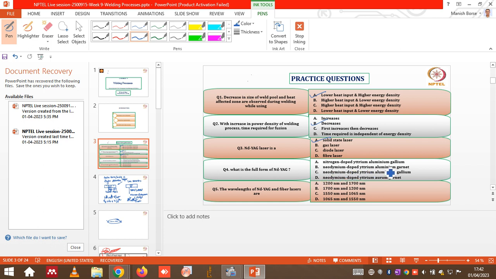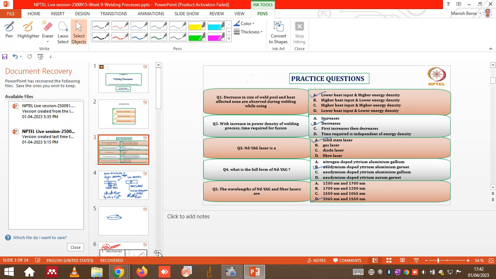Neodymium is doped in it to increase the life of the laser source. We have also seen that the wavelength of this Nd:YAG laser is in the range of 1065 nanometer to 1550 nanometer. So these are very basic questions.